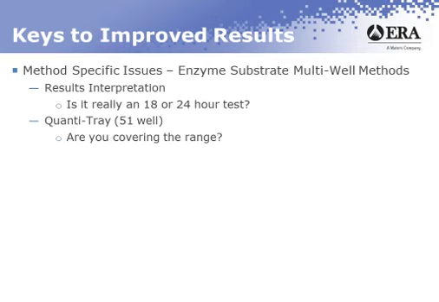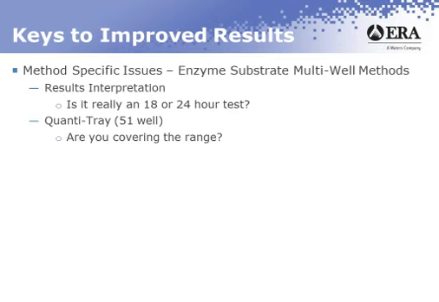Another issue when you're dealing with Quantitray, there's a couple of different formats out there. One is a 51 well, the other is a 97 well. You want to make sure that the range that's covered by the number of wells for the format that you're using covers the manufacturing range. Now, if you use a 51 well, you're not actually covering the entire manufacturing range.